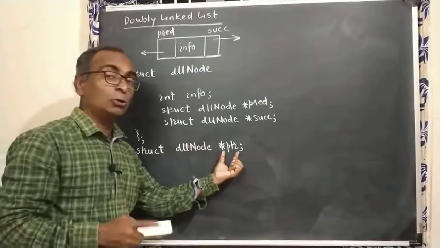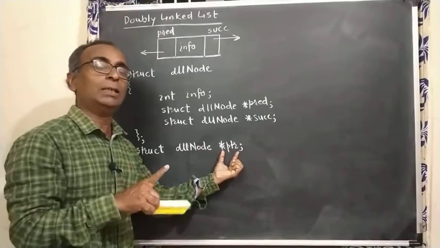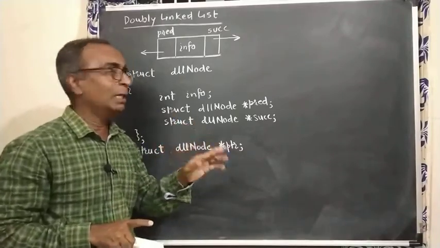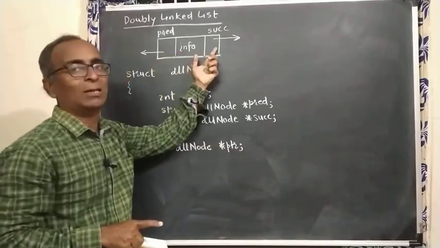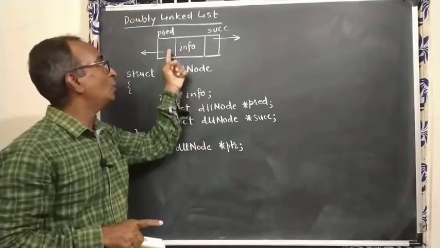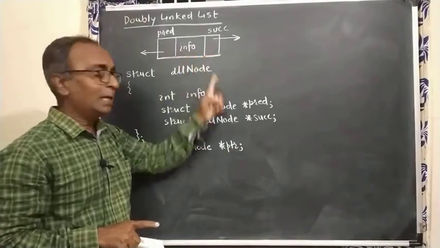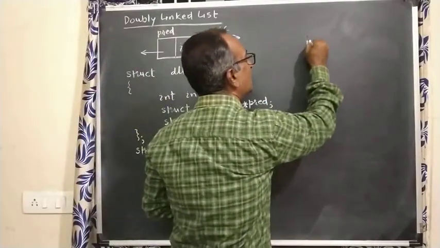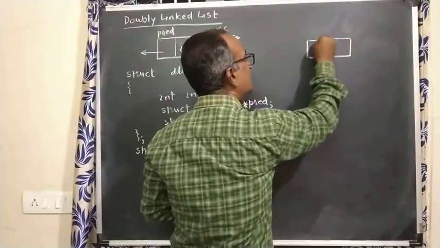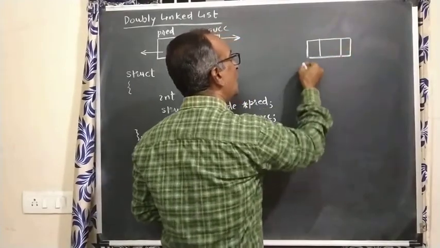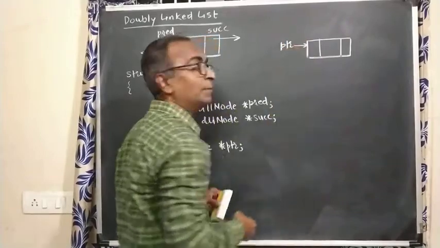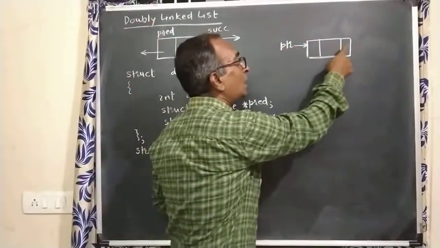It is not a node. It is a pointer pointing to a node. It contains only address of node. It will not contain such fields now. This PTR won't contain these fields. This is pointing to one node. So if I say this is doubly linked list node, and if I say PTR is pointing to this node, these fields are different.